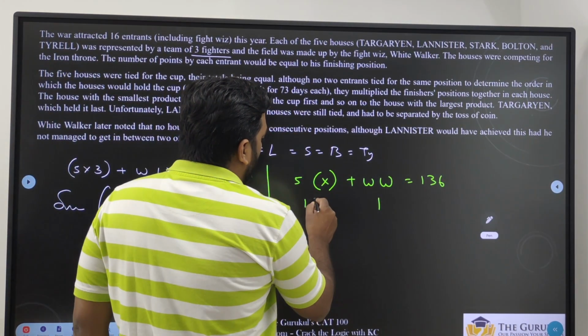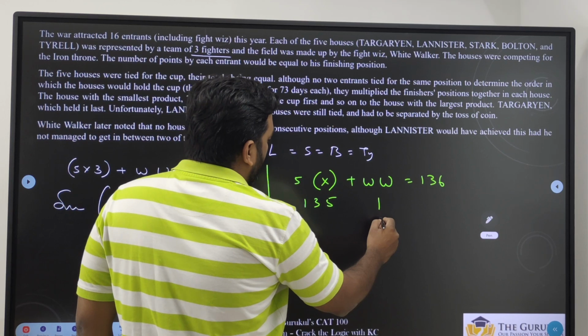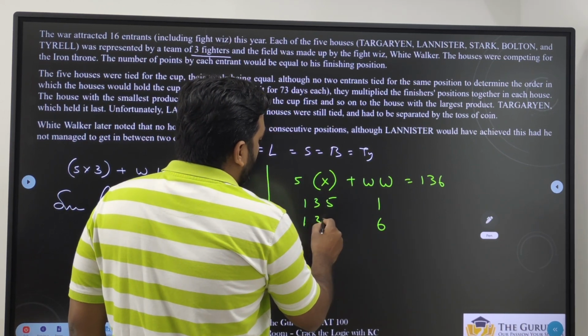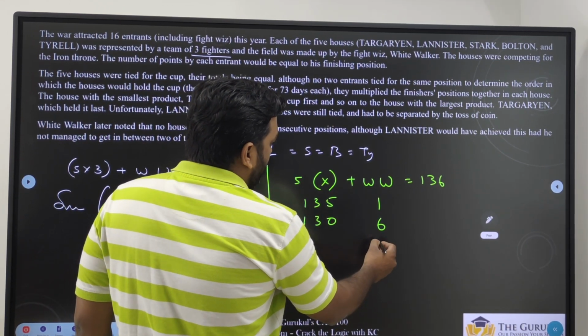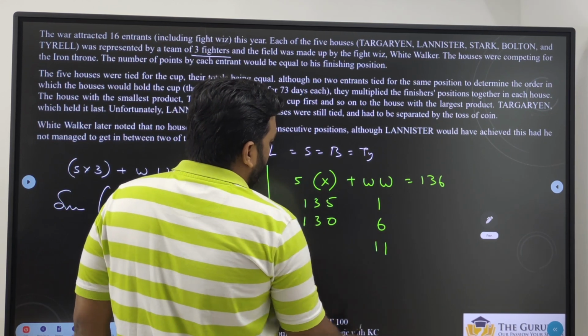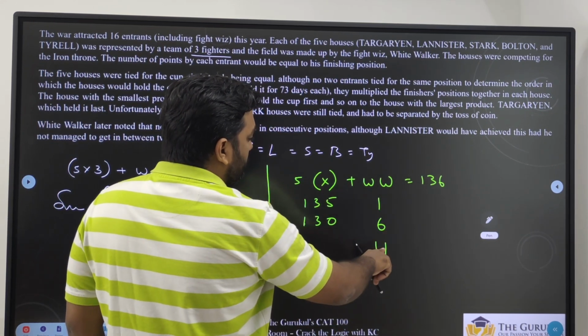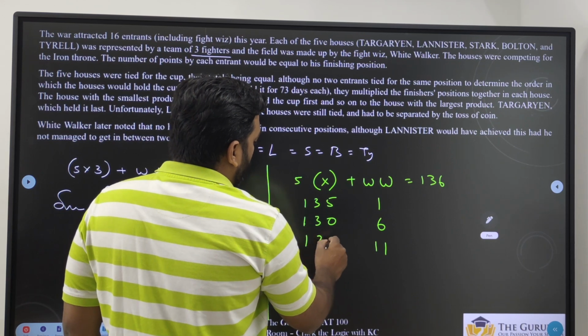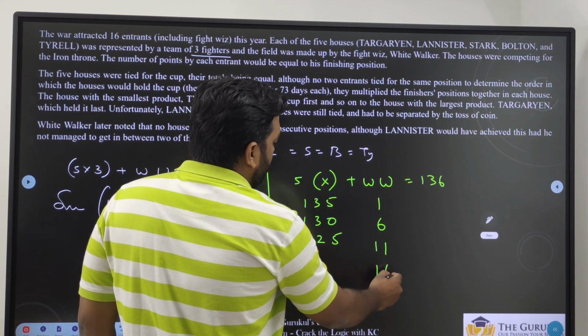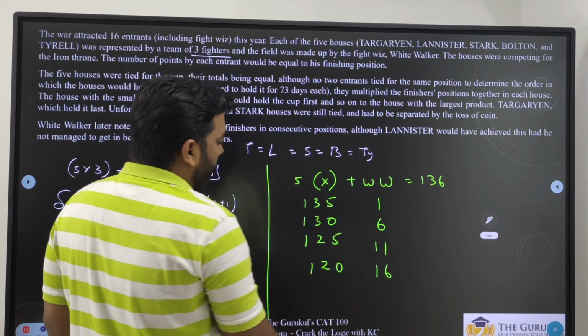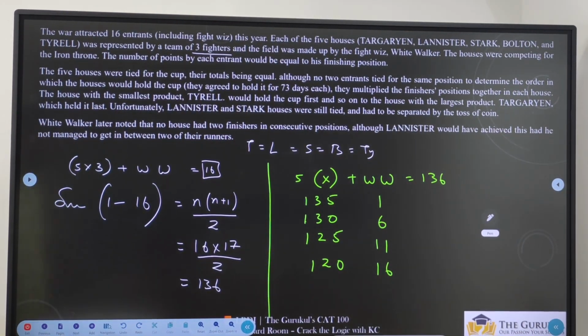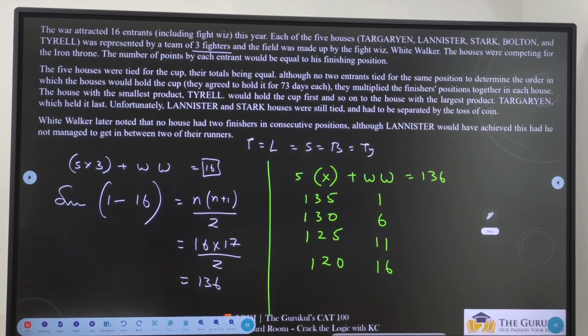If White Walker is 1, this will be 135. If this is 6, this will be 130. This can be equal to 11. If this is 11, that is 136 minus 11, which is 125, or this can be 16, which will be 120. These are the 4 different cases.